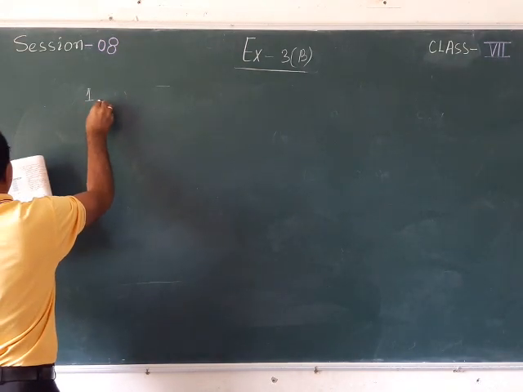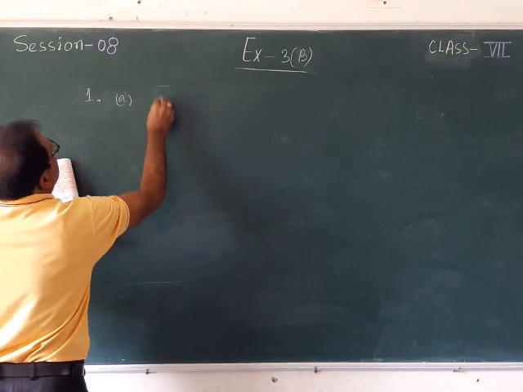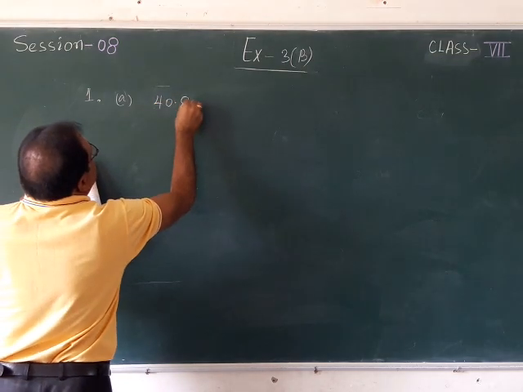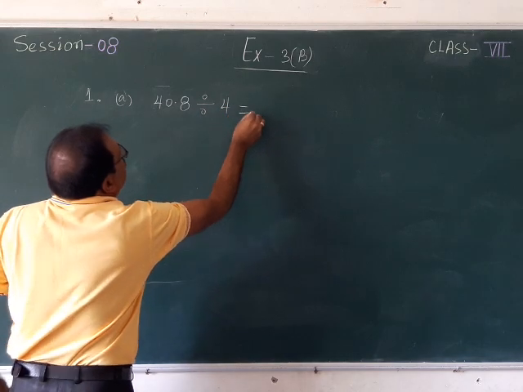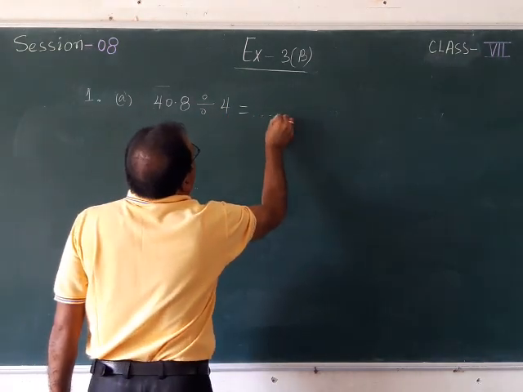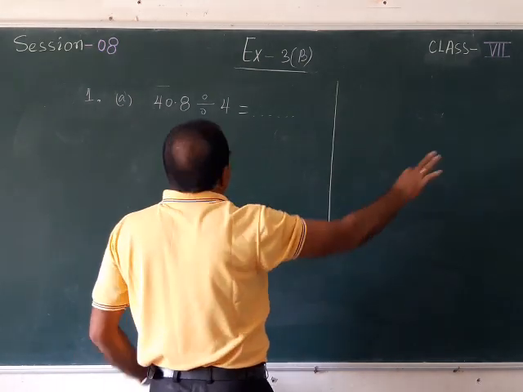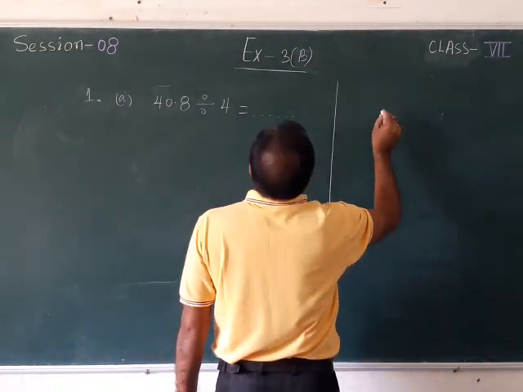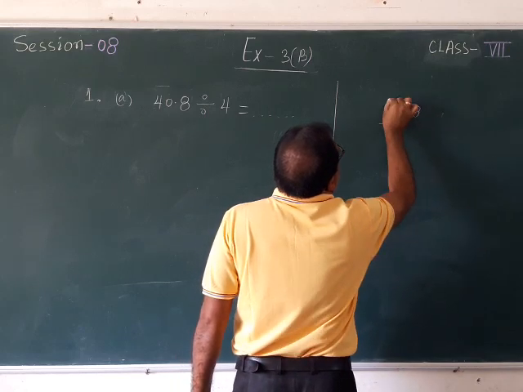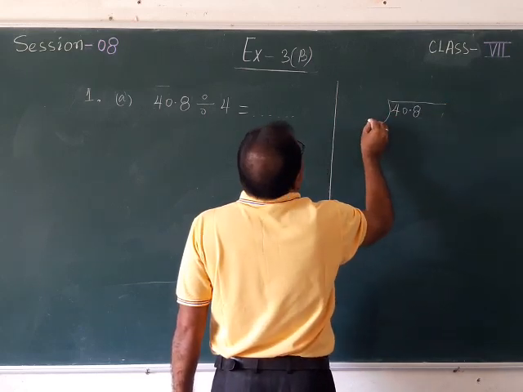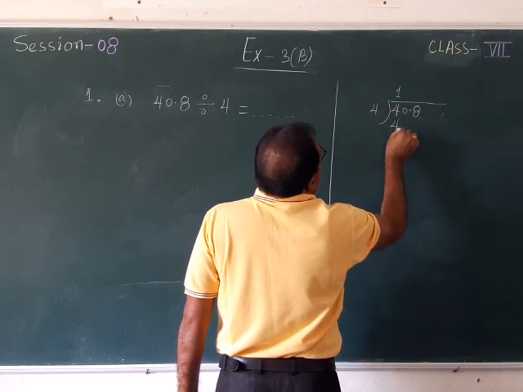Question number 1 is written as 40.8 divided by 4. What will be the answer? For this again I am going to the rough side and dividing it. I write the number 40.8 and divide it by 4. 4 ones are 4, gone.